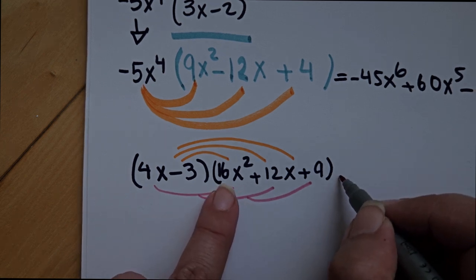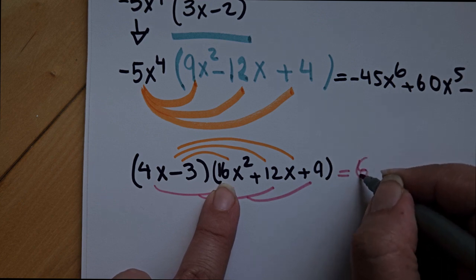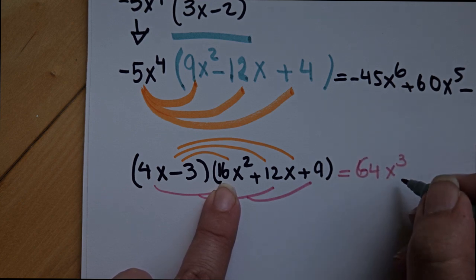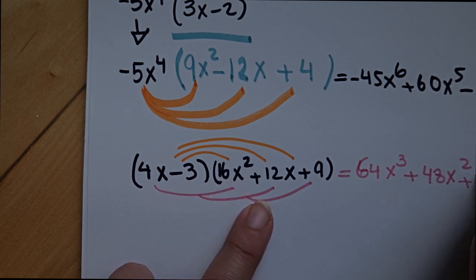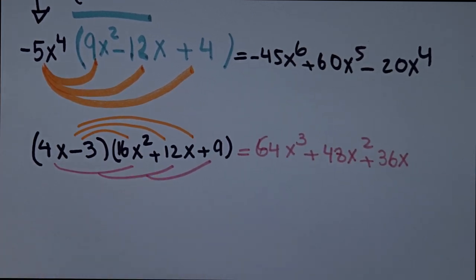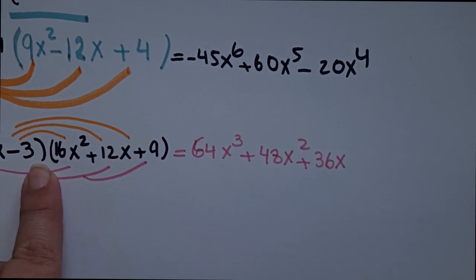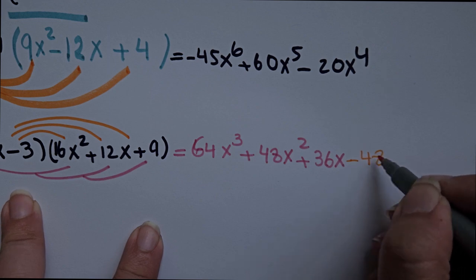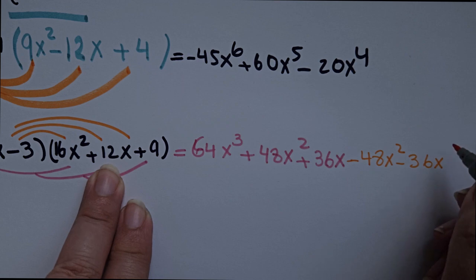4x multiplied by 16x2. 4 times 16 is 64x3 plus 48x2 plus 36x. Three terms from here. Then I would have another three terms. So negative 3 multiplied by each of these. So that would be negative 48x squared, negative 36x, then negative 27.